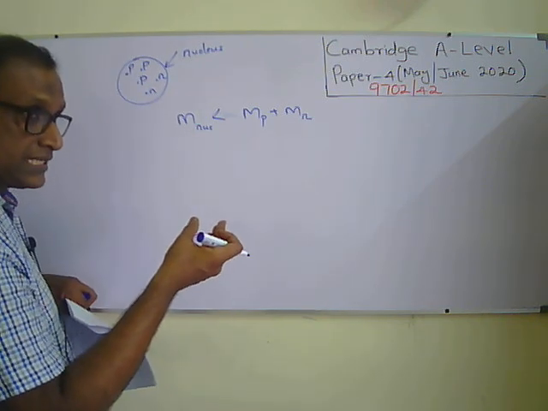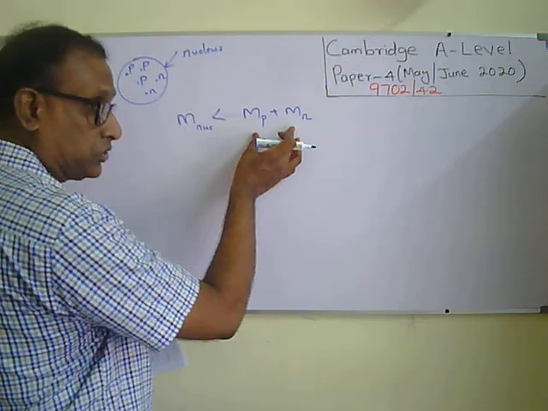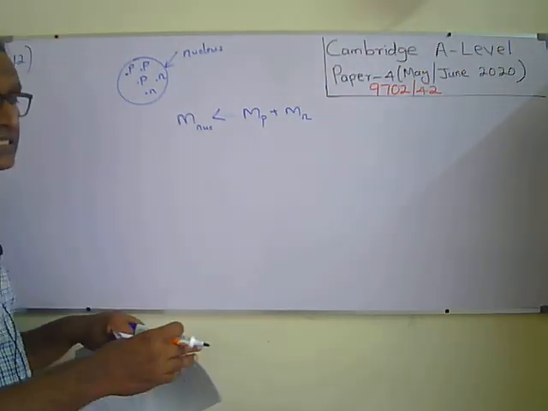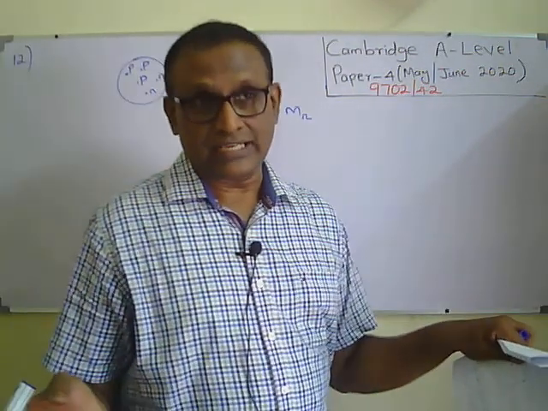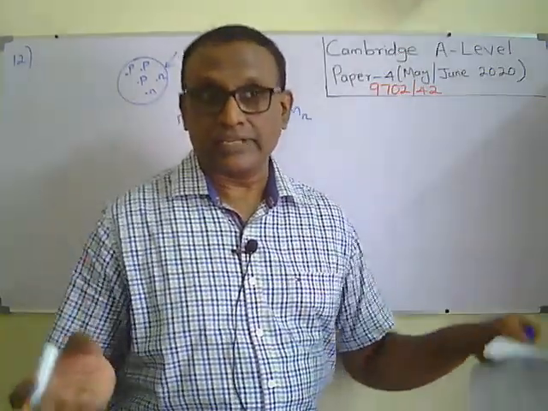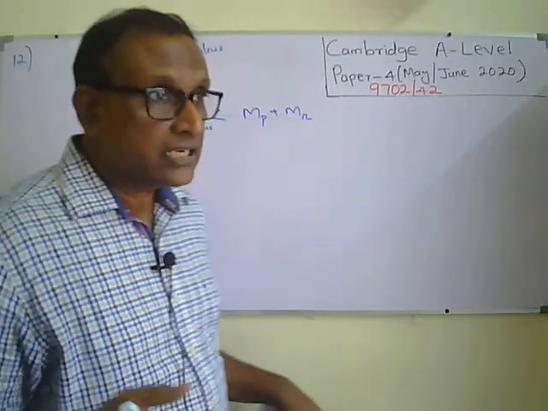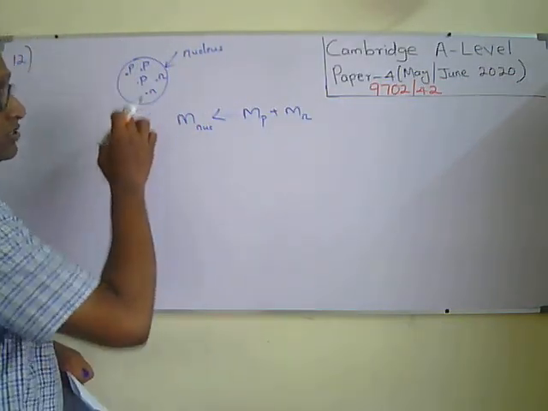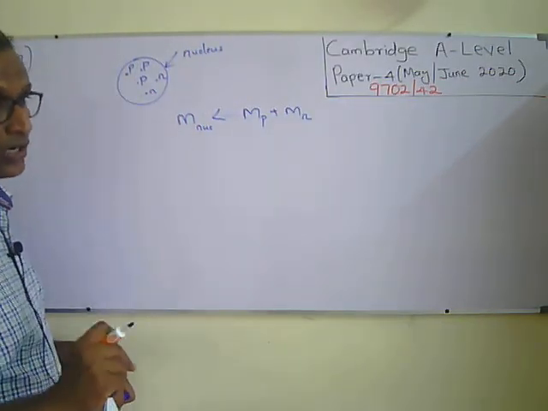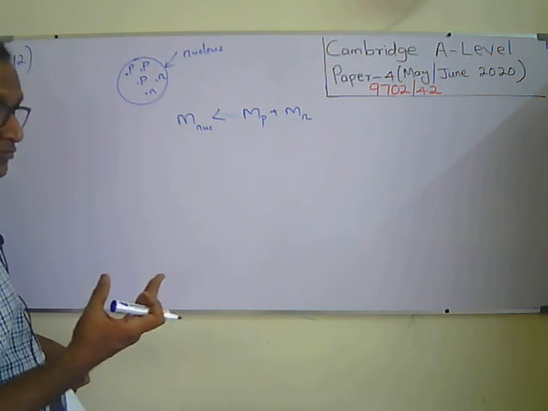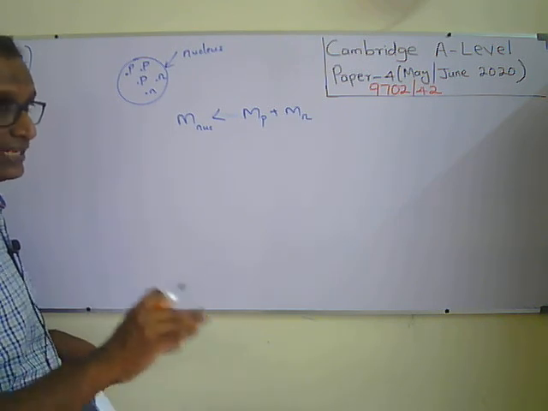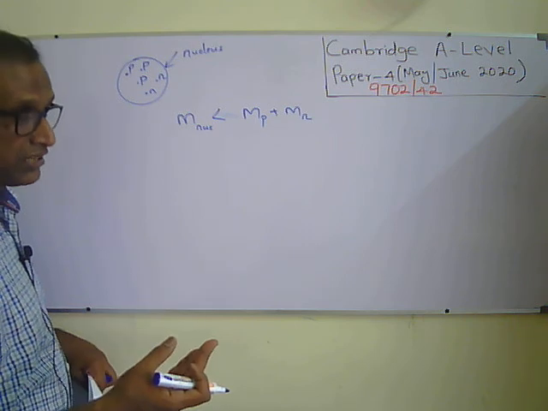That mass should be considered when the protons and neutrons are at infinite distances, that means they are free. Compared to that total mass, the mass of the nucleus is much smaller, right? Because of that, there will be a difference. That difference is called mass deficit.